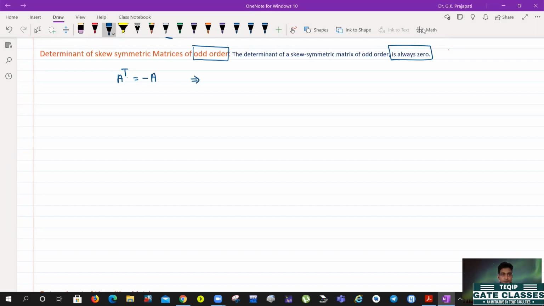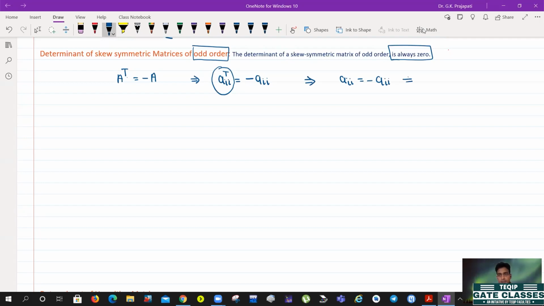This implies what will be its diagonal elements? For the diagonal elements, a_ii transpose equals minus a_ii, and we know that the transpose of diagonal elements will be the same, meaning a_ii equals minus a_ii.